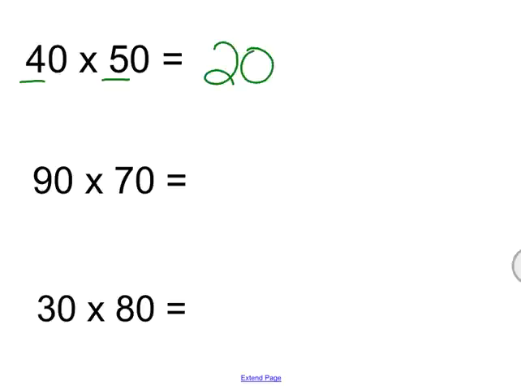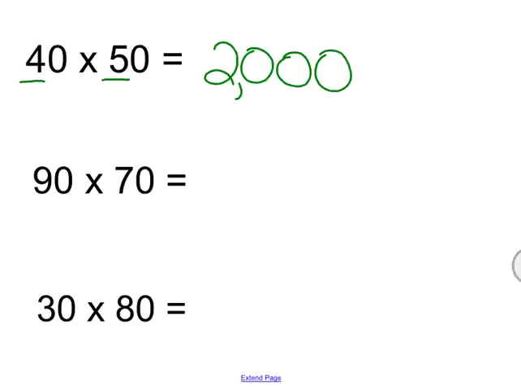Then I notice that the 40 has 1 zero and the 50 has 1 zero, so that makes 2 zeros. So I will add 2 zeros to the end of my product 20. So 40 times 50 is 2,000.